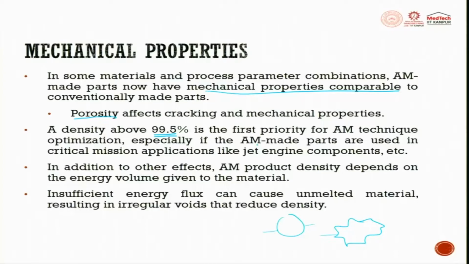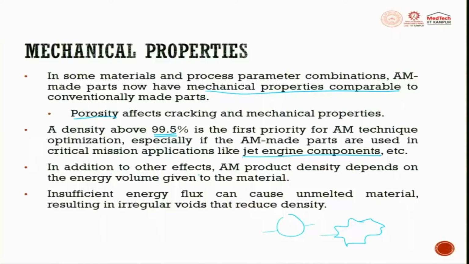Today we are talking about 99.5% densification, especially if the parts are used in critical mission applications like jet engine components. In jet engine components, there is always a fatigue cycle in service conditions. This fatigue cycle can be thermal fatigue or mechanical fatigue.